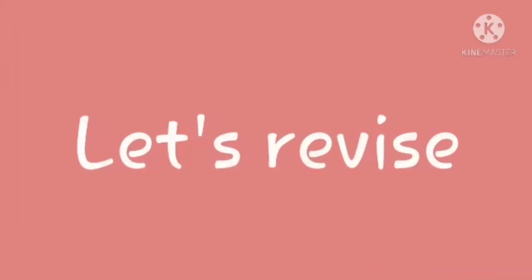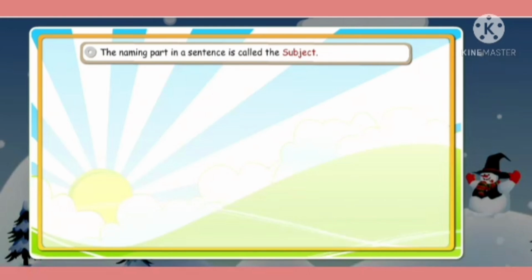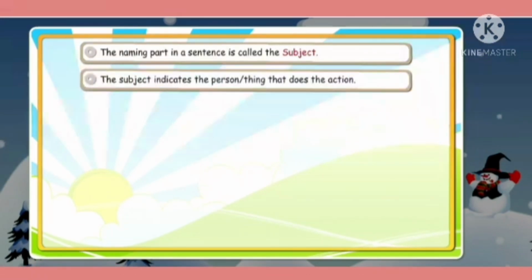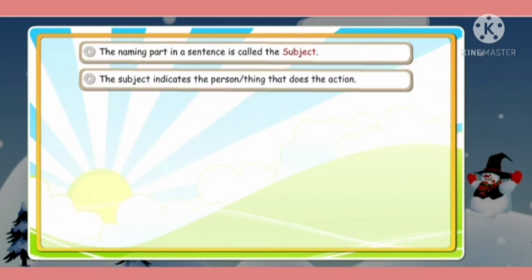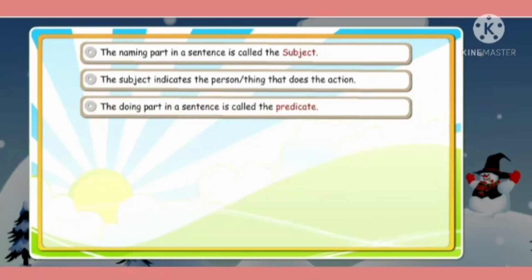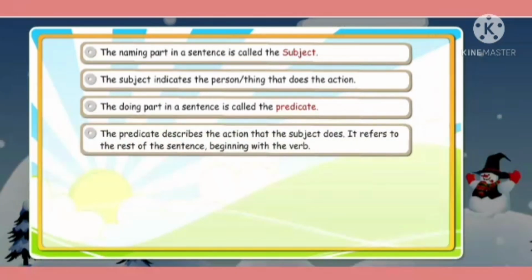Now, let us revise. The naming part in a sentence is called the subject. The subject indicates the person or thing that does the action. The doing part in a sentence is called the predicate. The predicate describes the action that the subject does.